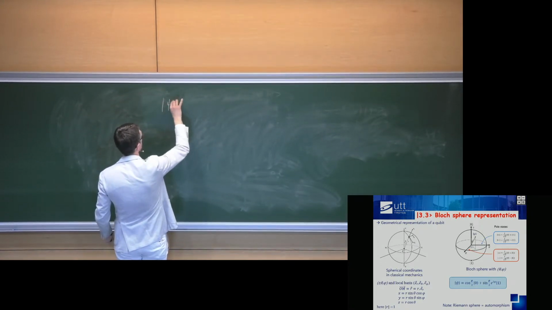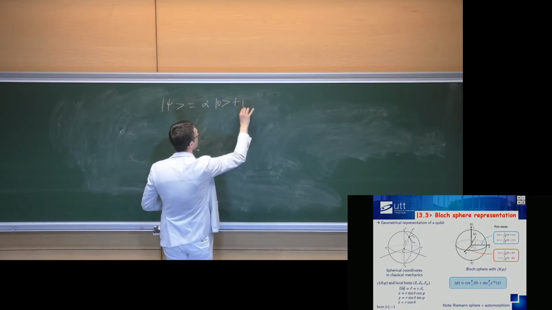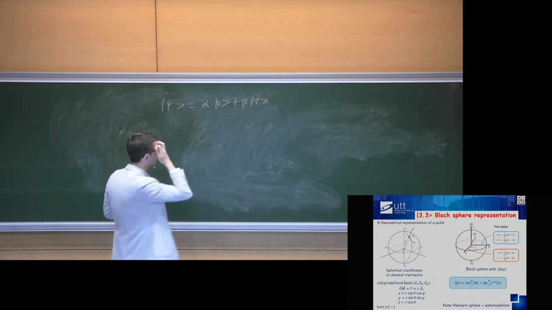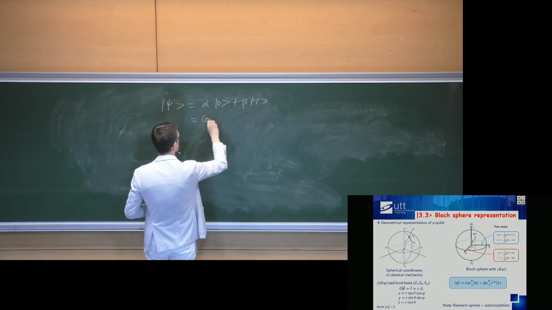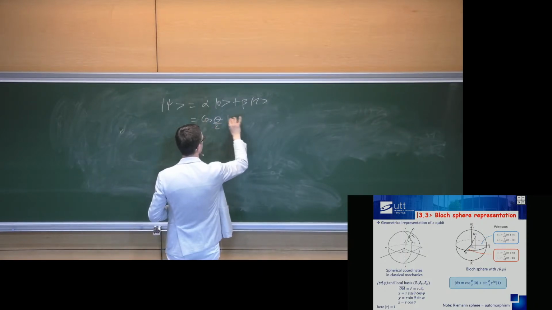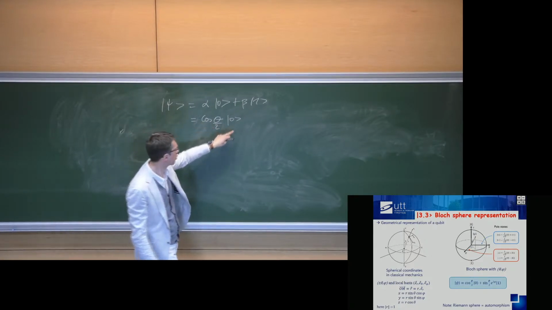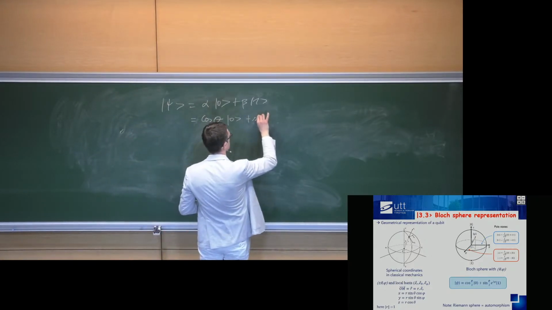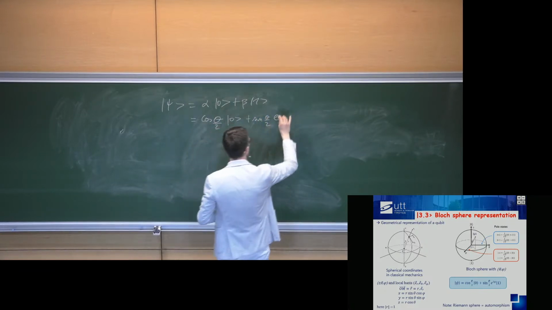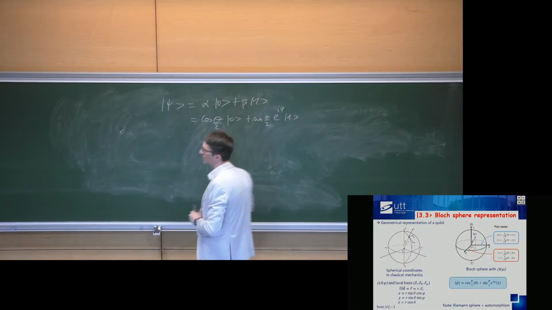Now I can rewrite the more general representation of my qubit as cos theta divided by 2 times 0, plus sine theta divided by 2 times exponential i phi times 1.